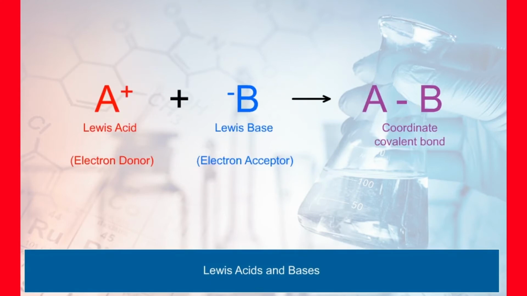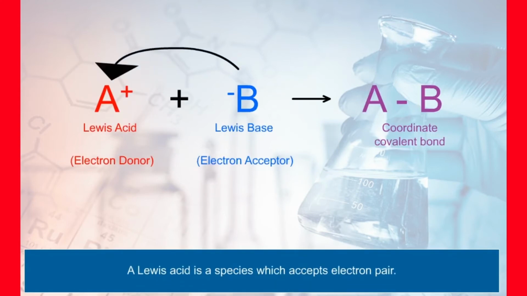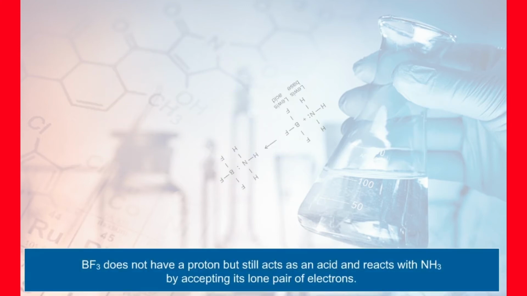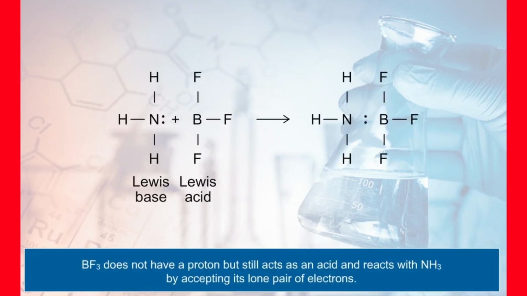Lewis acids and bases. A Lewis acid is a species which accepts an electron pair, and a Lewis base is a species which donates an electron pair. For example, in the given reaction, BF3 does not have a proton but still acts as an acid and reacts with NH3 by accepting its lone pair of electrons.